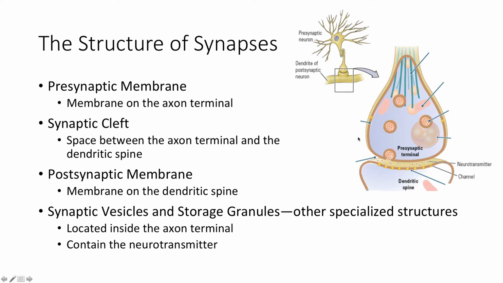This area right here is the end of the neuron, and at the end of this we call this the presynaptic membrane, which makes sense because this whole thing together is a synapse.